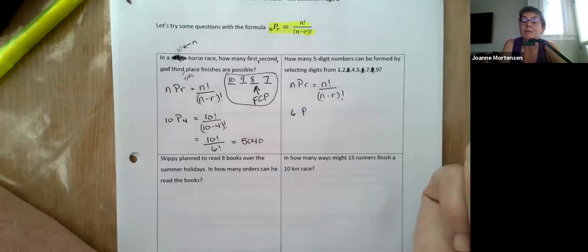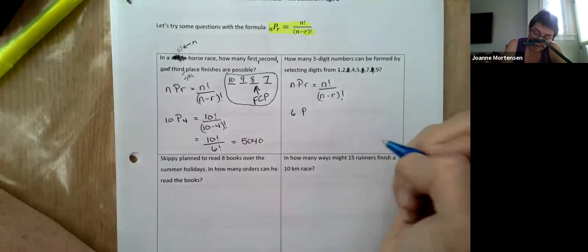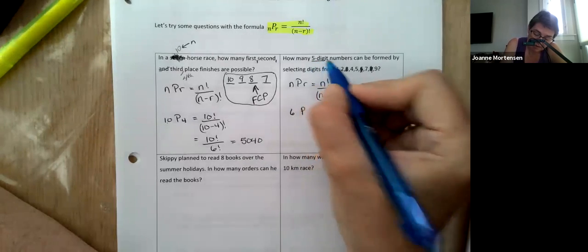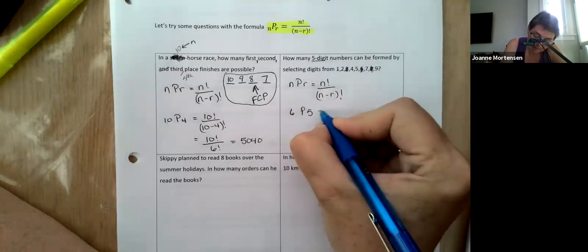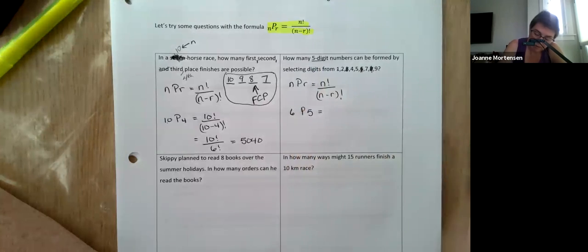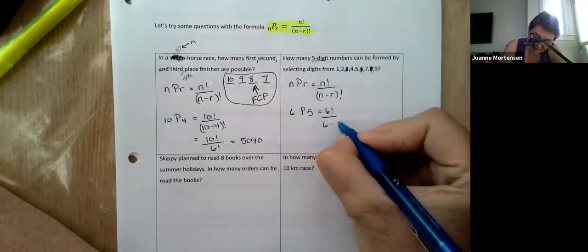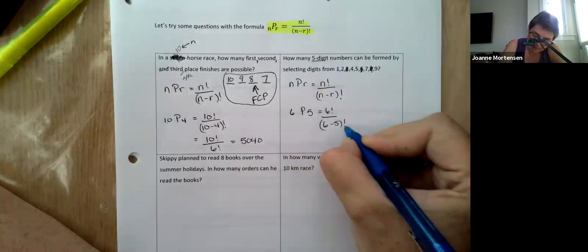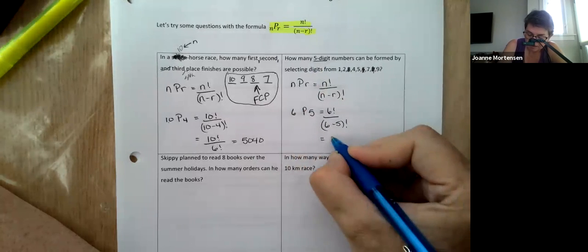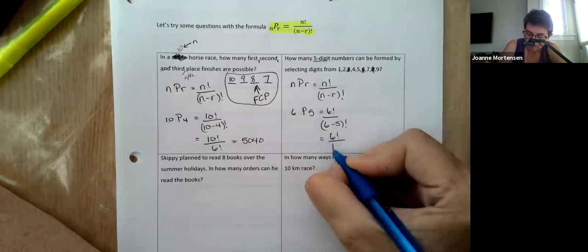Again, yours will be pretty. You won't have those blacked out parts. And we are going to arrange 5 of them. Okay, so that's going to be 6 factorial over 6 minus 5 factorial.